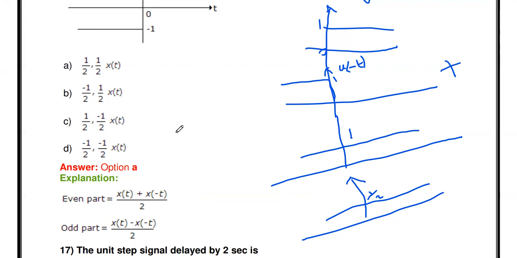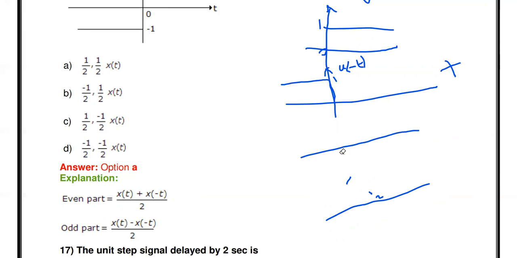Similarly, next we have to find out the odd component. In order to calculate the odd component, we have to subtract. You just subtract the second signal, that is u of minus t, from u of t. So first signal minus second signal. If you are subtracting, what data will we get? For minus infinity to 0, the amplitude here is 0, here 1.